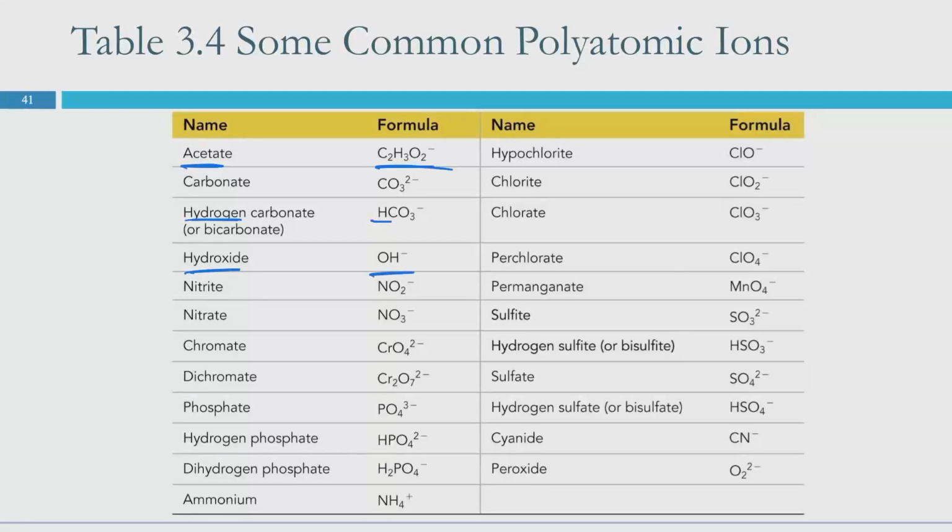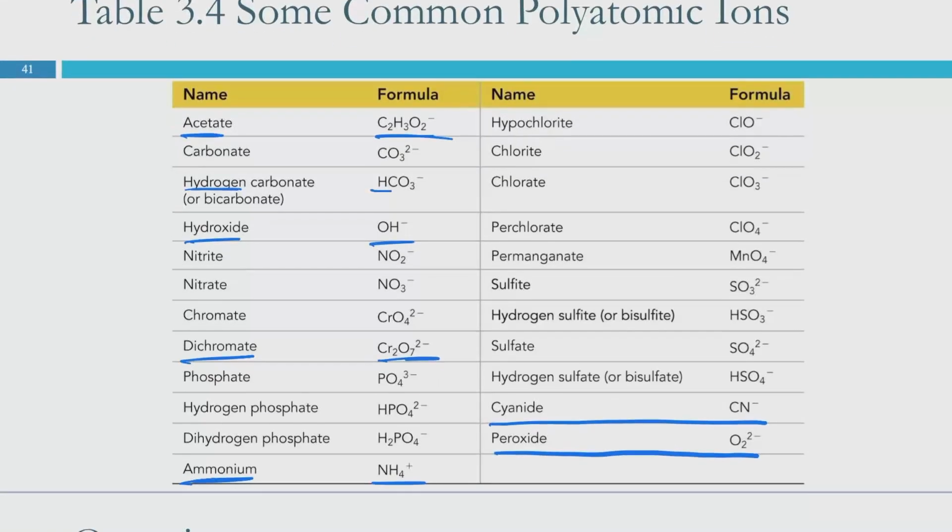Hydroxide, dichromate, ammonium, cyanide, and peroxide. Those would all be polyatomic ions that are not oxyanions. I believe the rest are oxyanions. Your green sheet, the green handout, has many of these on them. The side that doesn't say solubility table at the top is oxyanions. We're going to talk about those in just a sec.